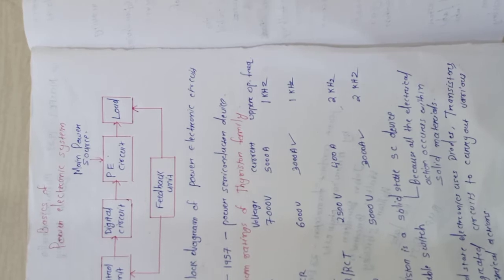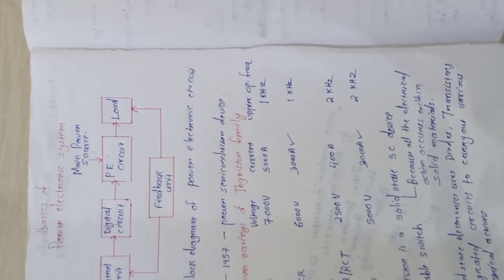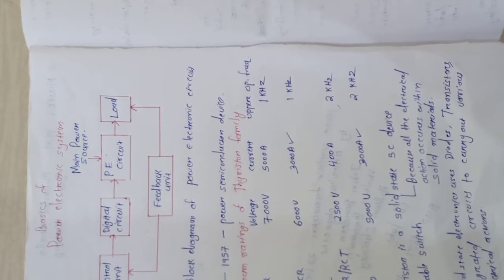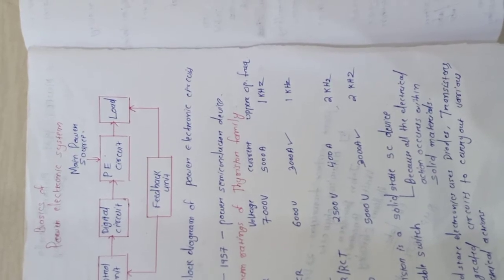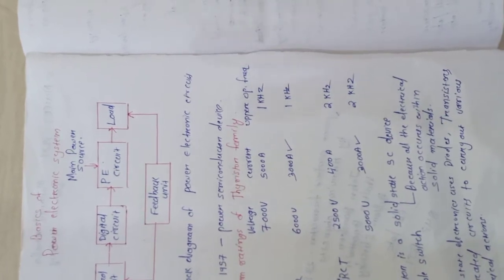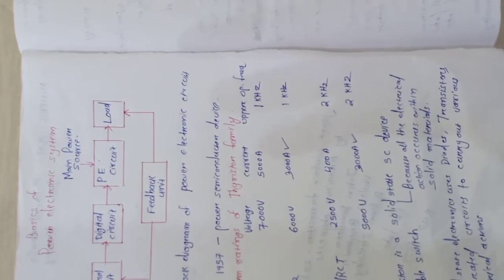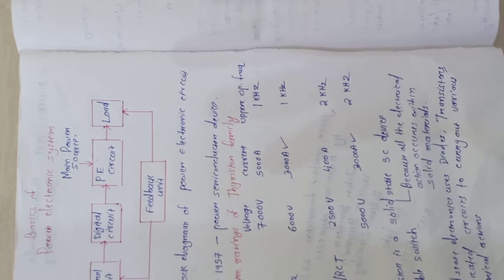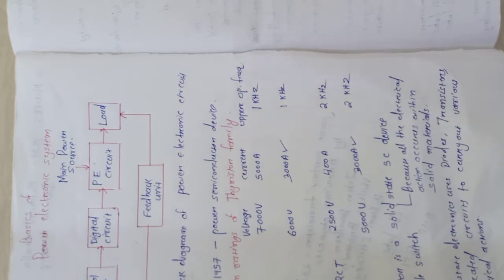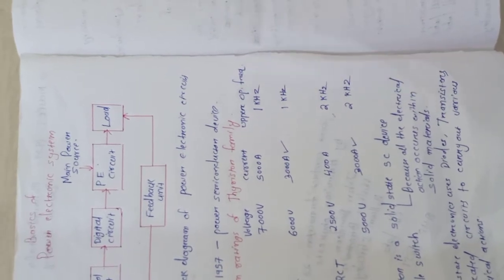So steps must be taken to filter this out of the output side of a converter. So what should we do? We have to filter these harmonics from the output side of a converter.